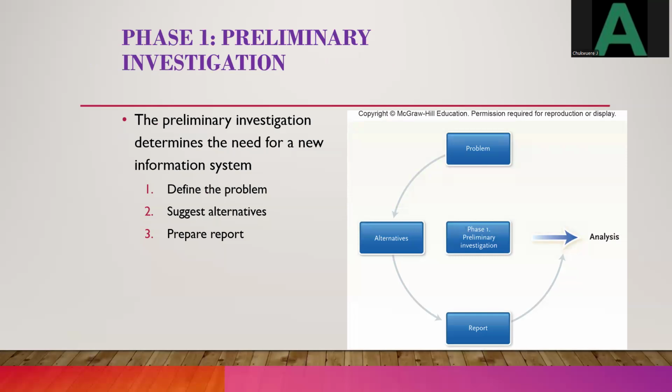Now, in the primary stage of your system life cycle, this is the process which involves gathering information and data to determine, do we really need to buy new? This is a thought process. We have an existing system, and now you get a report as a manager in your company saying that we need a new system. You don't just go and buy. You need to make a preliminary investigation to determine if actually the system is needed or not.